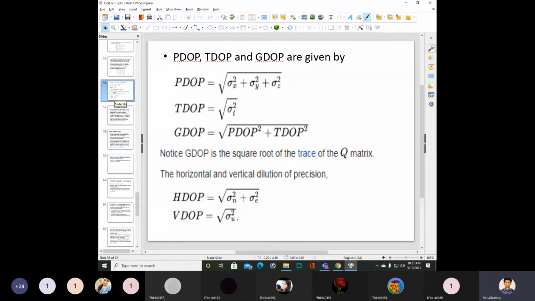So all are given by PDOP, TDOP, GDOP. PDOP is equal to the square root of sigma x square plus sigma y square plus sigma z square. TDOP is equal to the square root of sigma t square.